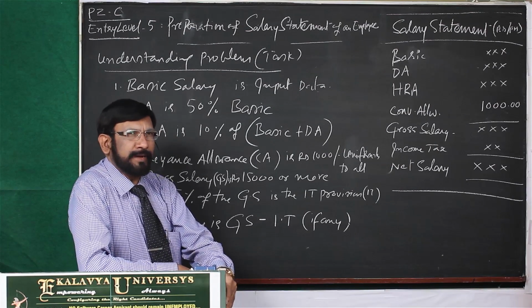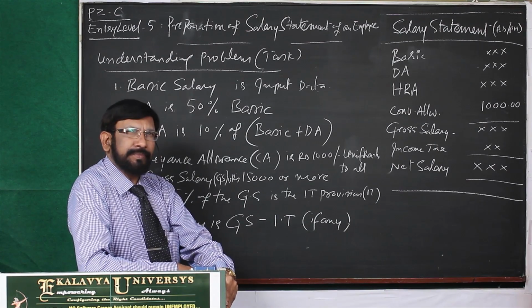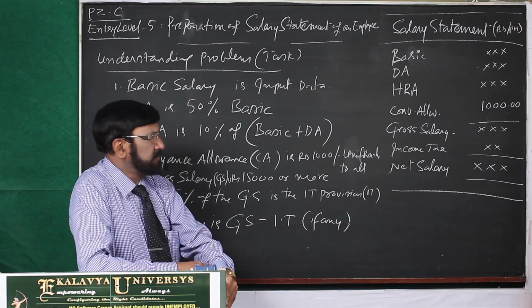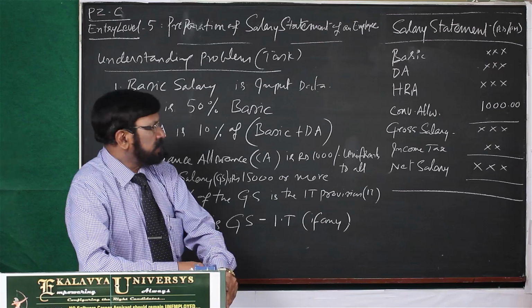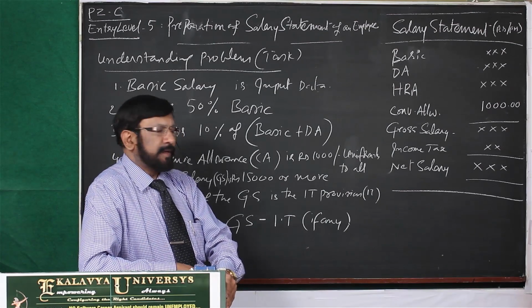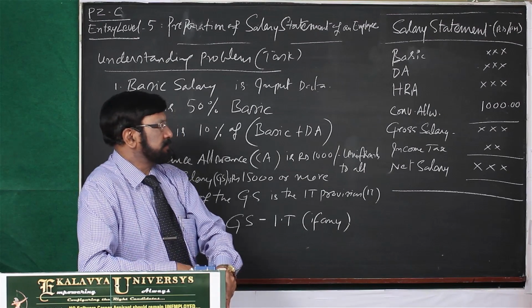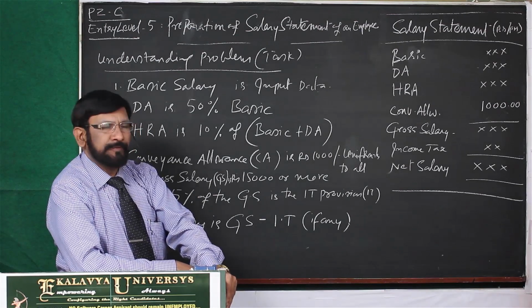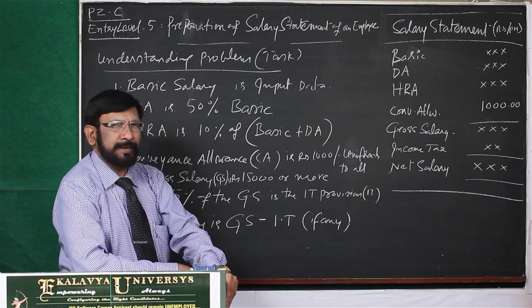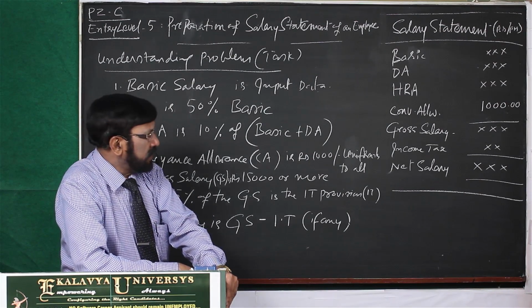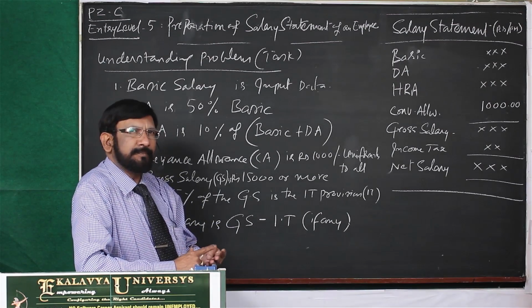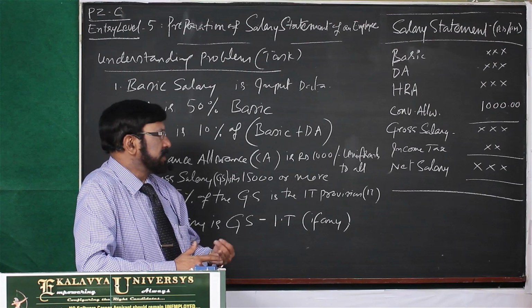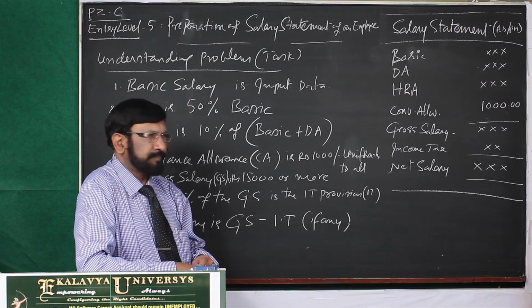This is the input data. Thereafter DA. DA means dearness allowance. Thereafter third item HRA, house rent allowance, and the fourth one is conveyance allowance, and the fifth one is gross salary. Gross salary is the sum of the 4 items: basic, DA, HRA, and conveyance allowance.